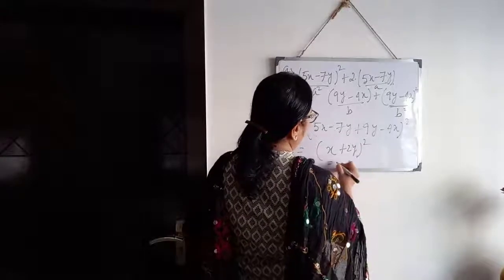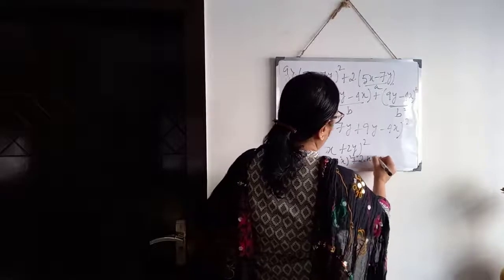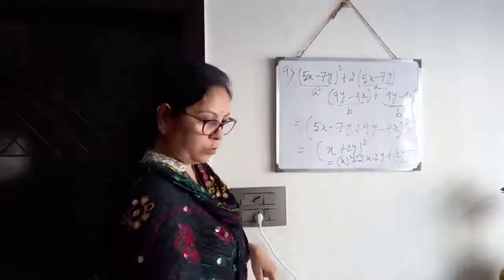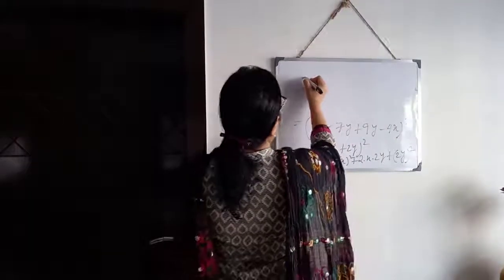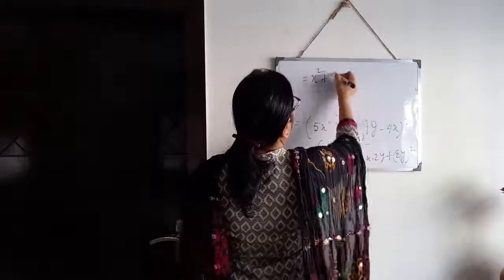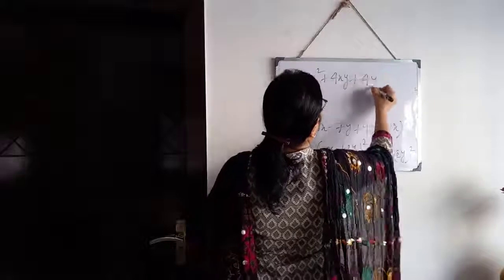Again it is in the form of A plus B whole square. So A square plus 2AB plus B square. Yeah? This equal to what we can write? x square plus 2 2s are 4 xy plus 4y square.